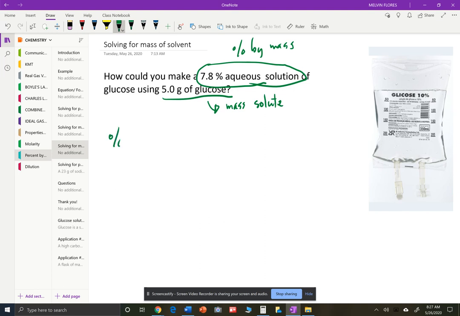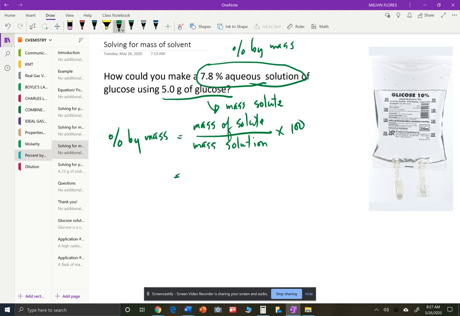All right, so our formula: percent by mass equals mass of solute divided by the mass of the solution, and of course multiply by 100.